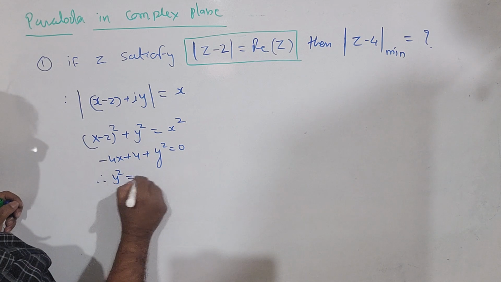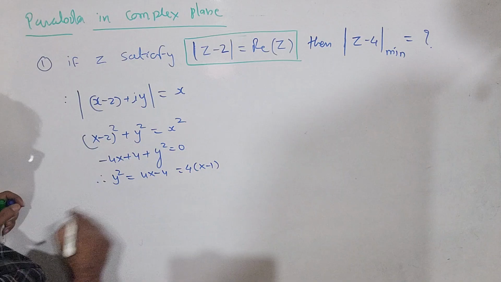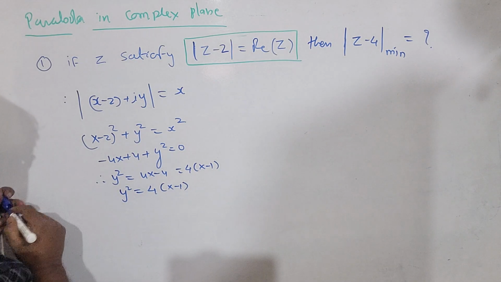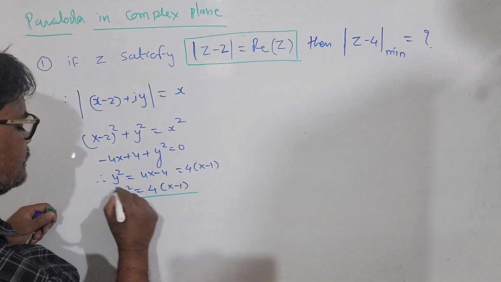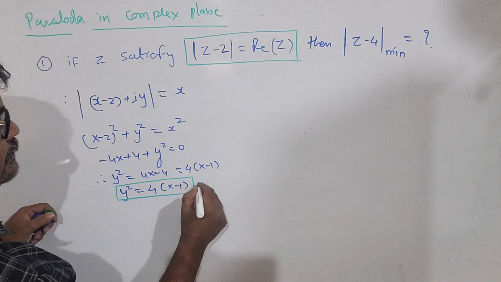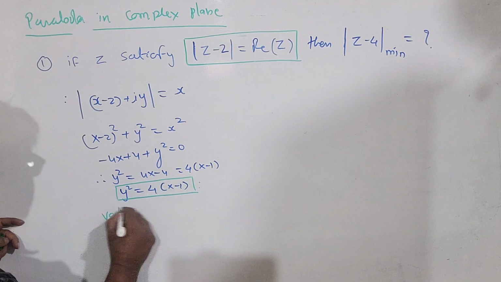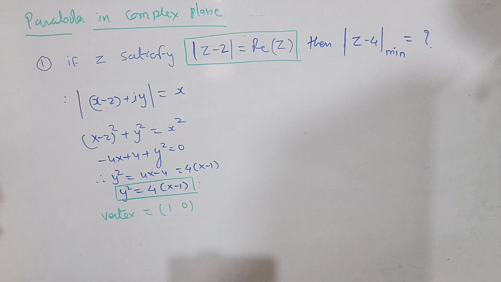Finally y square equal to 4 into (x minus 1), clearly a parabola. So the locus of z is a parabola with vertex at (1, 0).